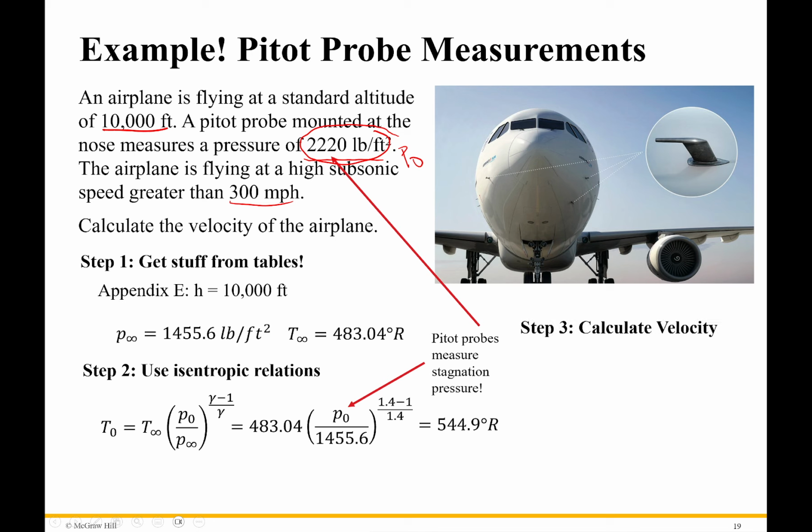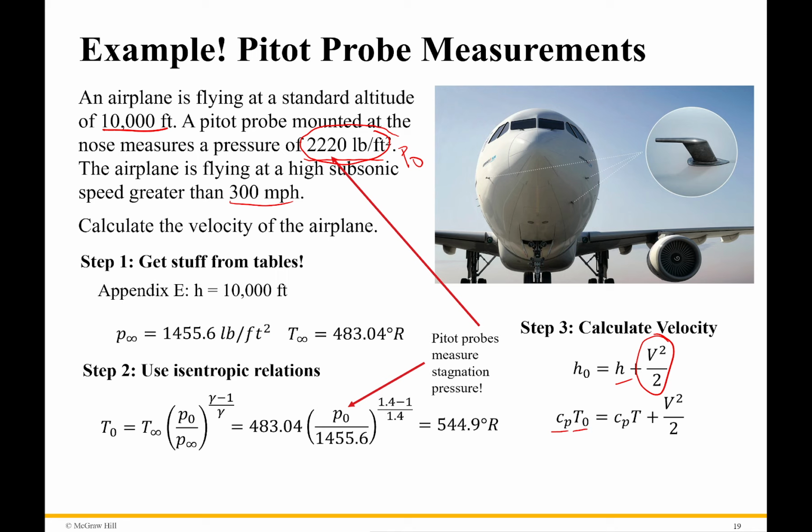Okay, so now we can calculate the velocity. So my total enthalpy, or stagnation enthalpy, is equal to my enthalpy plus the kinetic energy component. Now for a calorically perfect gas, I can say that my enthalpy is simply equal to the specific heat at constant pressure times temperature from both of those.